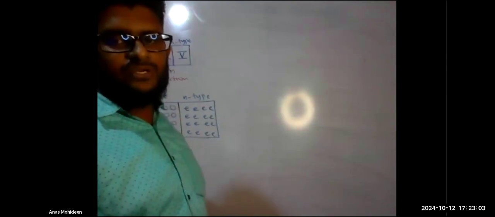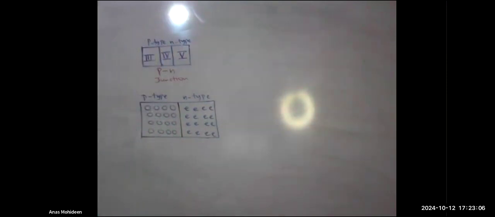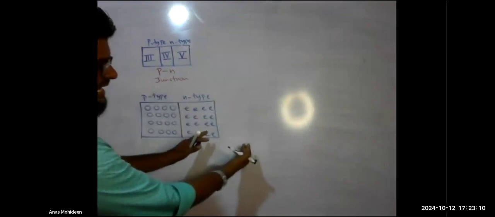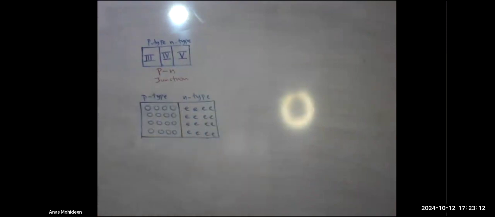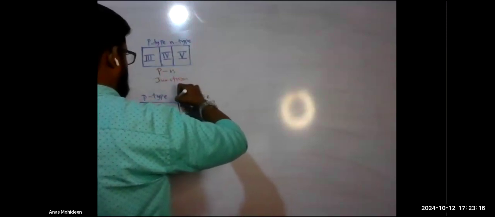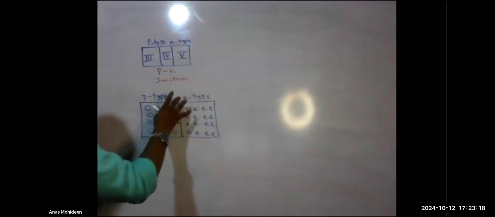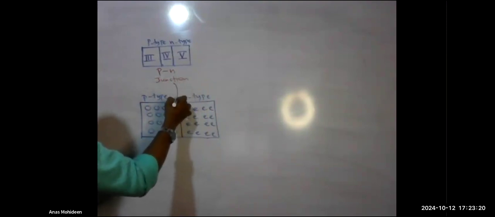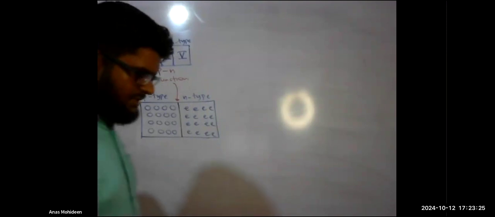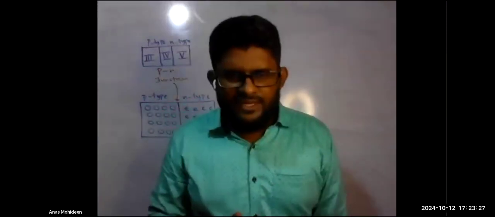Holes are there on one side, the positive side. Electrons are there on the other side, the negative side, and this becomes the PN junction.